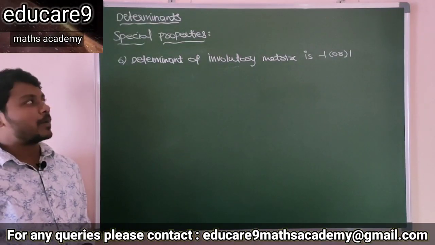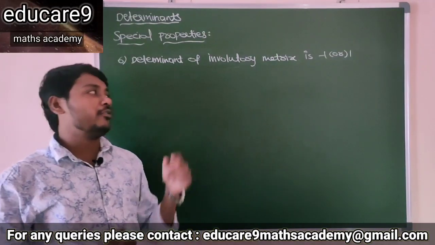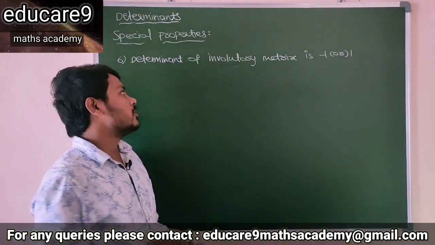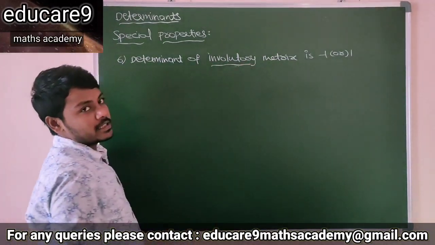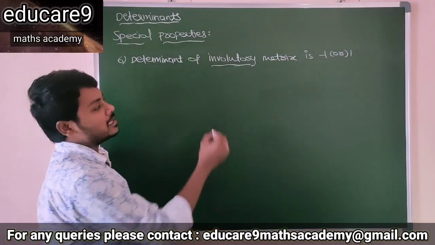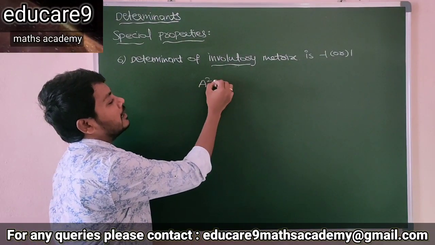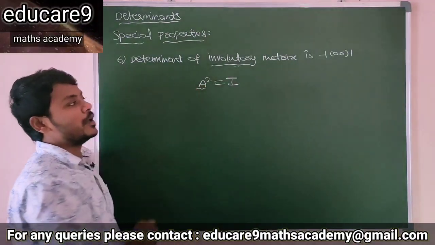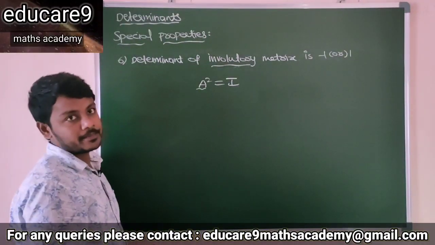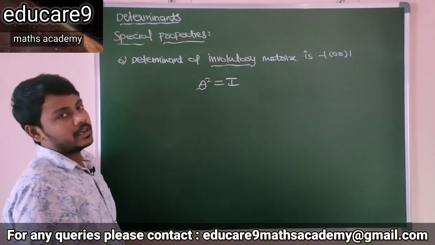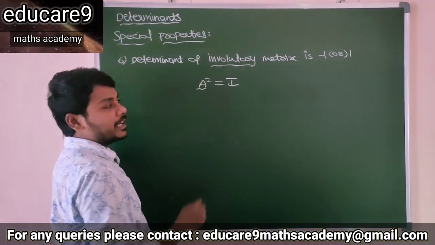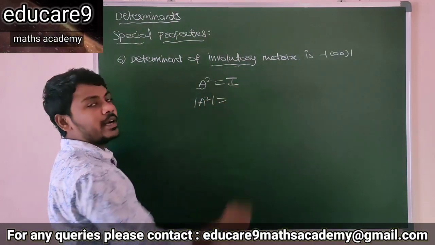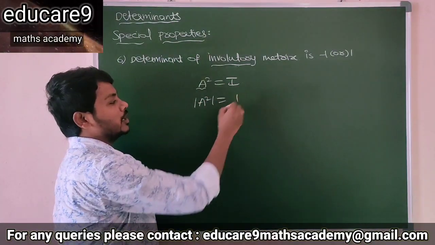So see the next property: the determinant of an involutory matrix is either minus 1 or 1. Involutory matrix means if A is any square matrix, then A square is equal to I. So here A is said to be an involutory matrix. Now find the determinant. Take determinant on both sides. Determinant of A square. What is the determinant of the identity matrix? 1 only.